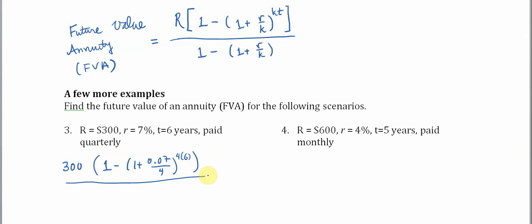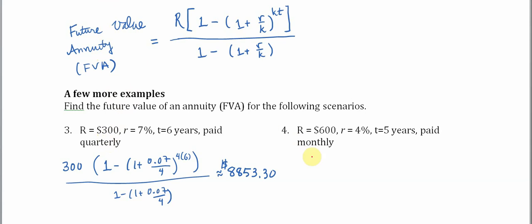All of that divided by 1 minus (1 plus 0.07 over 4). If you type this carefully into your calculator, we should get approximately $8,853.30. So that's for the case of $300 being invested at 7% every single quarter for a period of 6 years.